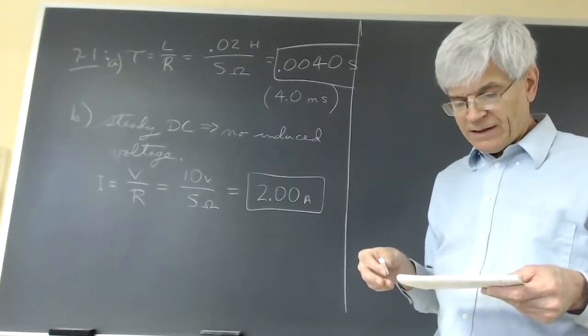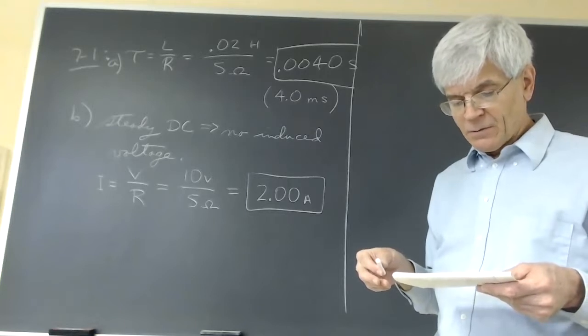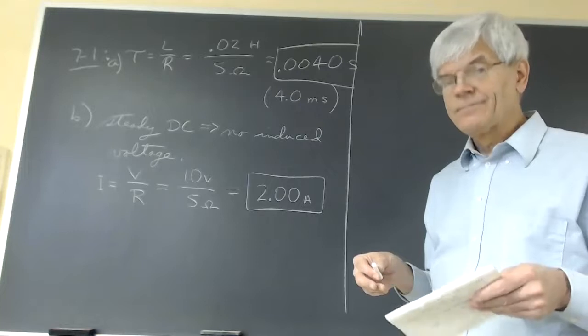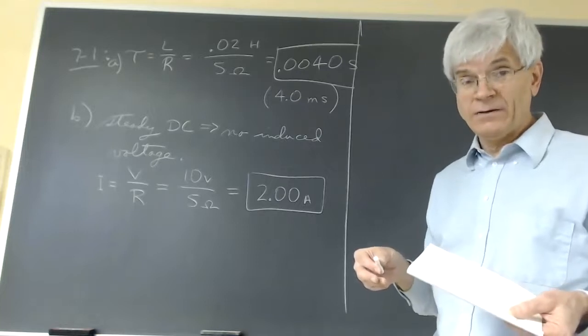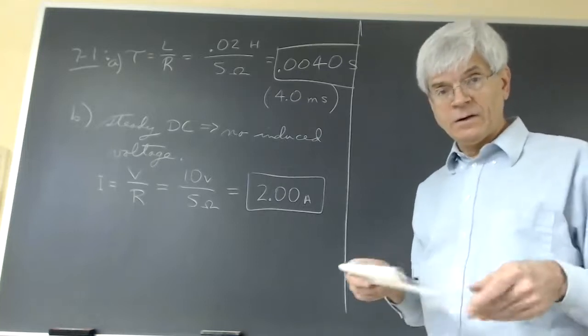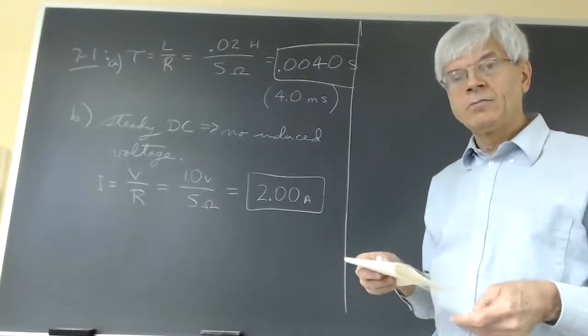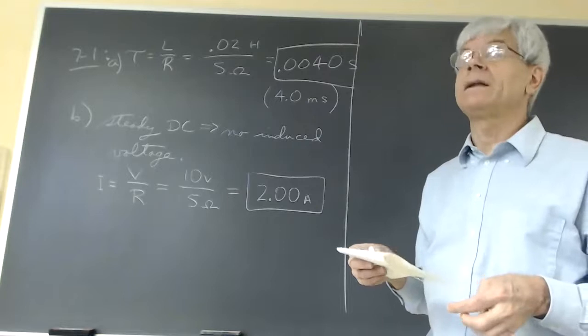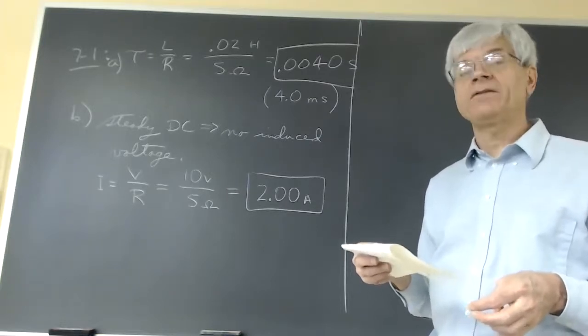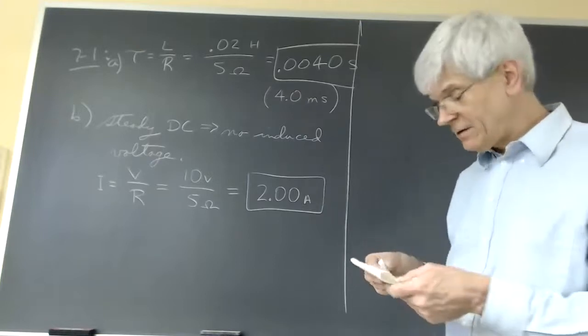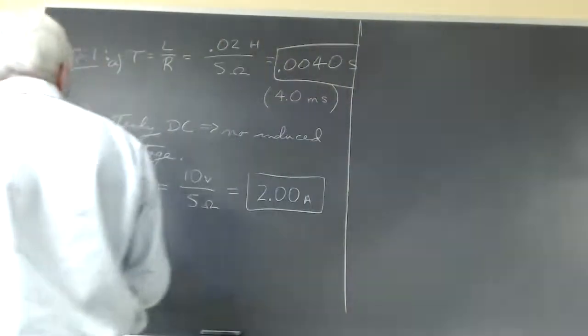What is the current after one time constant? Well, there's actually a couple of ways of figuring this out. There's that equation, I as a function of t, you could use that. But I sort of feel right now like emphasizing the basic idea of what the time constant means in the first place. So I'll do it this way.